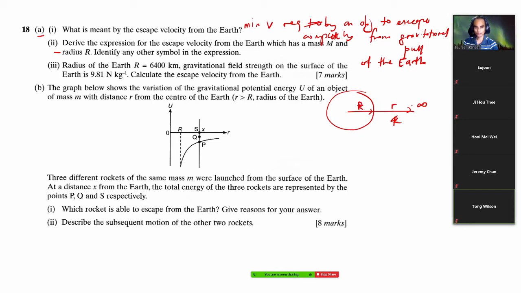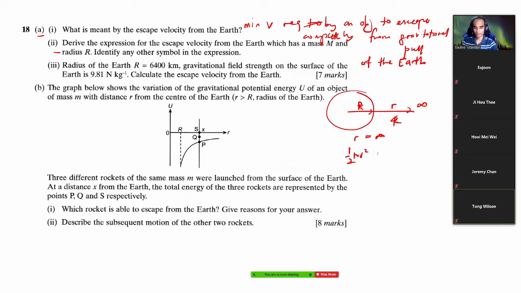So r equals infinity, and by conservation of energy, kinetic energy will be converted into potential energy. Okay, 100% of the energy will be converted.